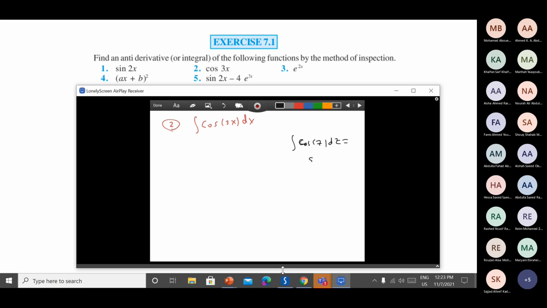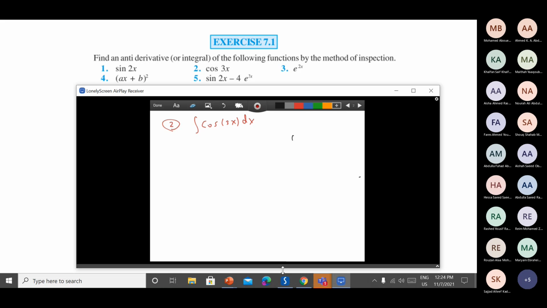Sine z plus c. The integration of cosine theta d theta will equal sine theta plus c. It is just a symbol, right? x, y, z, it doesn't matter, right?